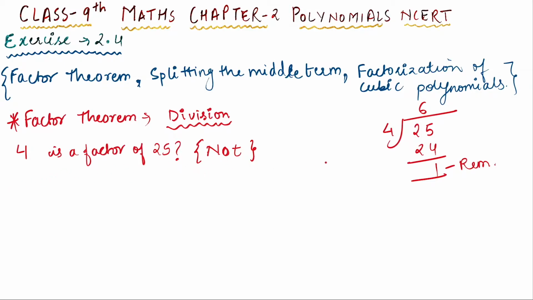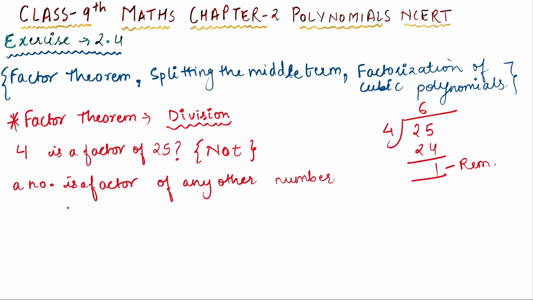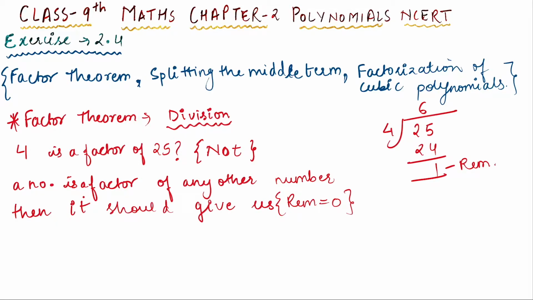Because when we say a number is a factor of any other number, then it should give us remainder equals to 0 when we divide them. Right?